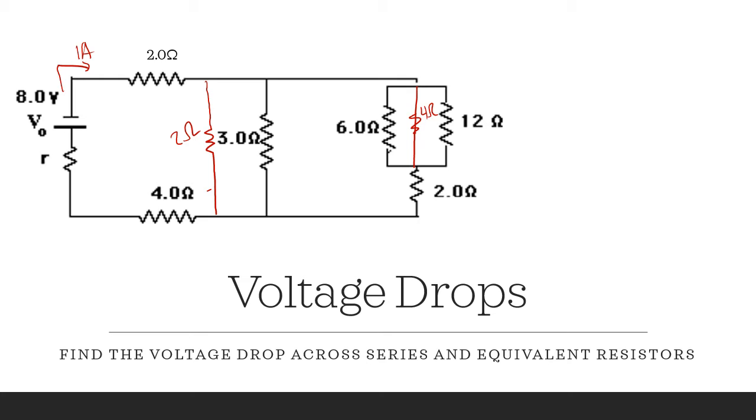And then we also had the 4 and the 2 added together to generate that 6 ohm resistor here that represented the 6, 12 and the 2. So that's great. Now we need to figure out voltage drops.